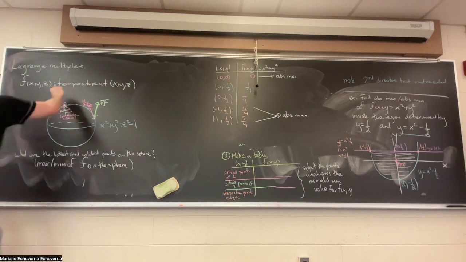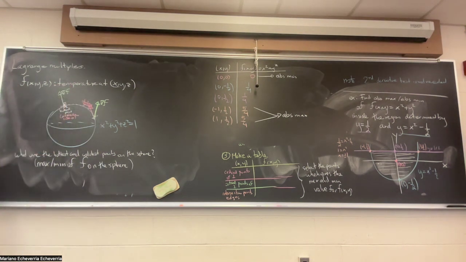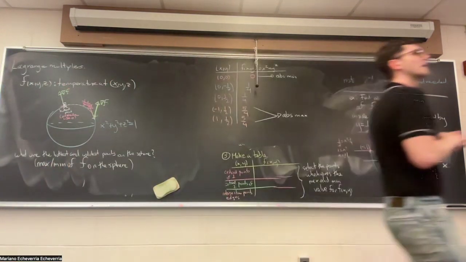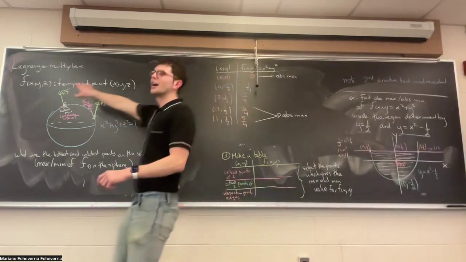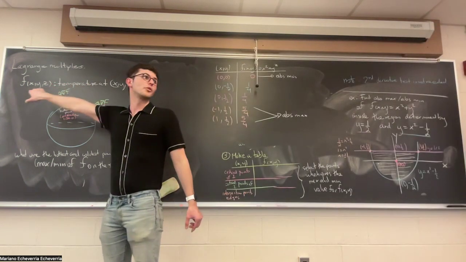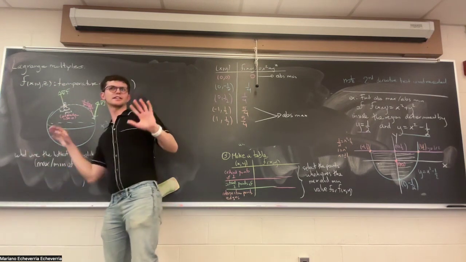Because if you draw the gradient perpendicular to the surface, then there's no shadow to be made. So that means that at a hottest point, the gradient has to be a normal vector to the surface. Is that making sense? Sounds reasonable.